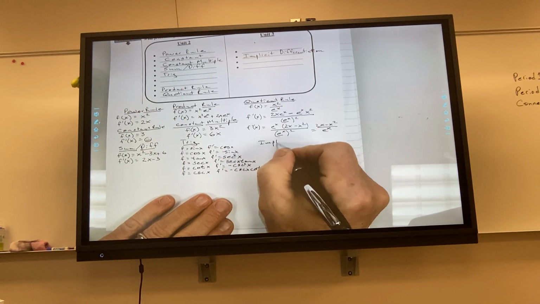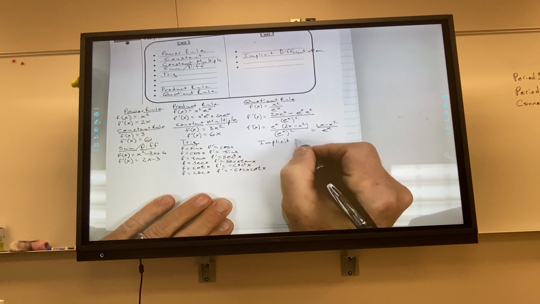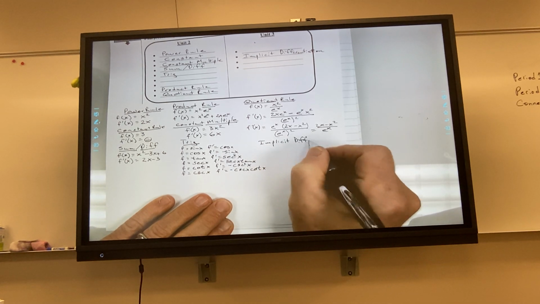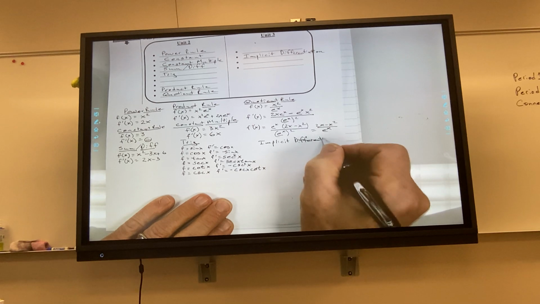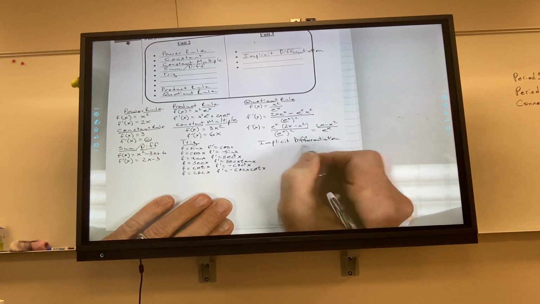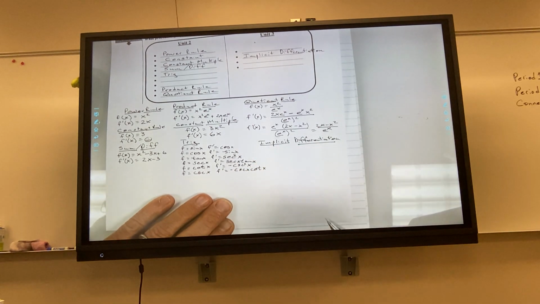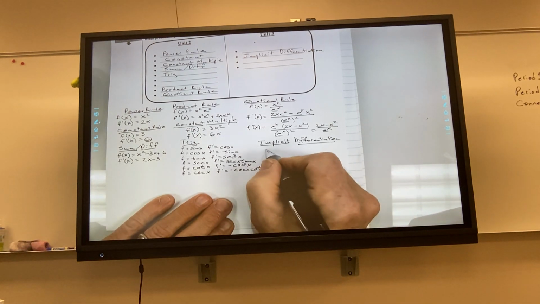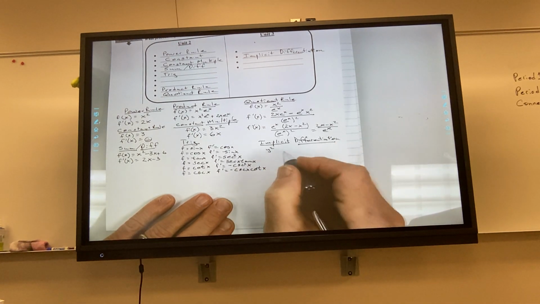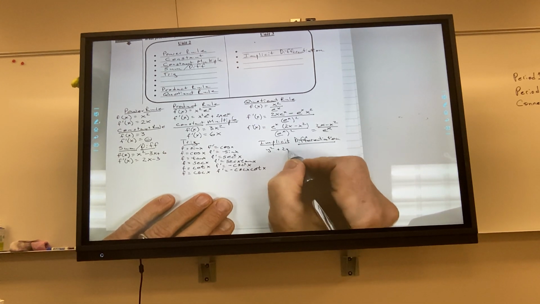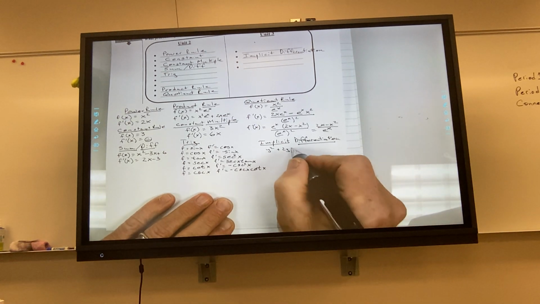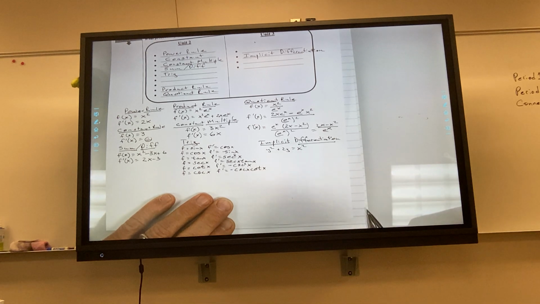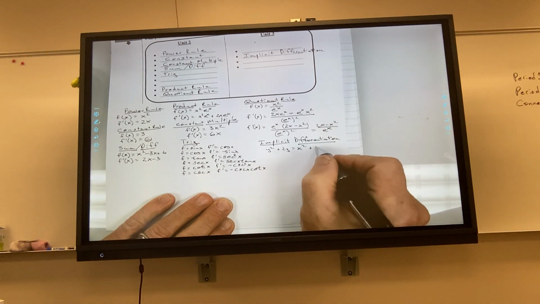Implicit differentiation. Right here: y squared plus 2y equals x squared plus 2x.